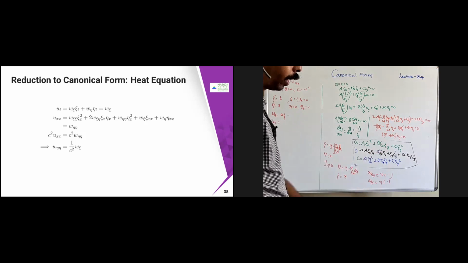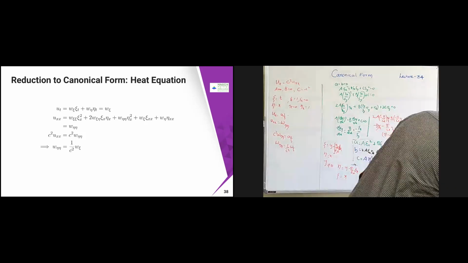Except the w_eta term, the remaining terms are going to become 0, so you are going to get only w_eta. So if I use that, I get c square w_eta equal to w_chi. I can write it as w_eta equal to 1 by c square w_chi.